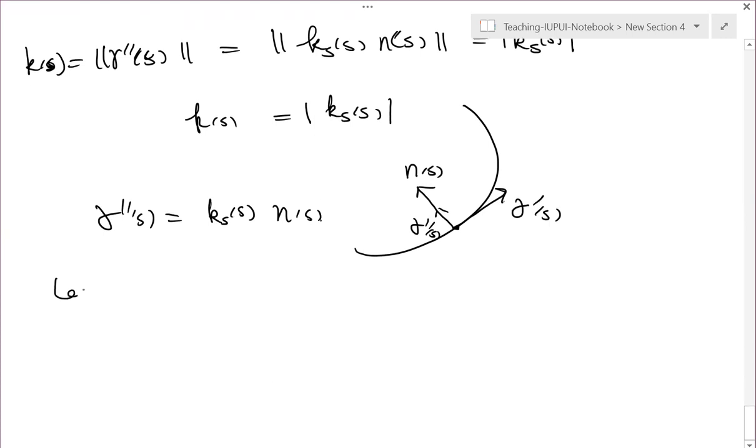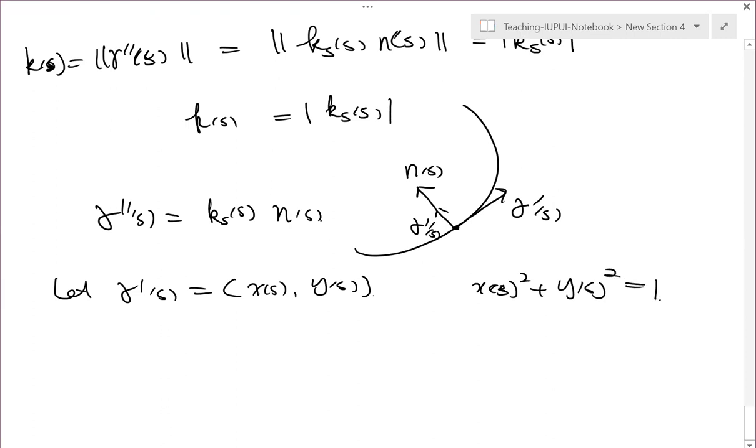So I'm going to let this one be x s, y s. That means x of s squared plus y of s squared is going to be 1, right? It's a unit vector.